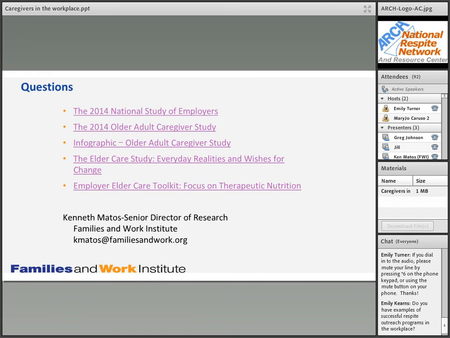I have one question that is a follow-up to that last one, Ken. You did mention that in the National Employer Study, you offered the definition of respite as a temporary break from caregiving. But what is your understanding of exactly what the employers were thinking of when they said they were providing respite? Was it the actual time off that was temporary as opposed to a more extended family type leave?